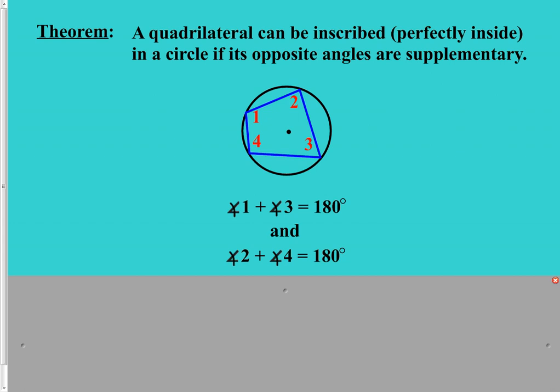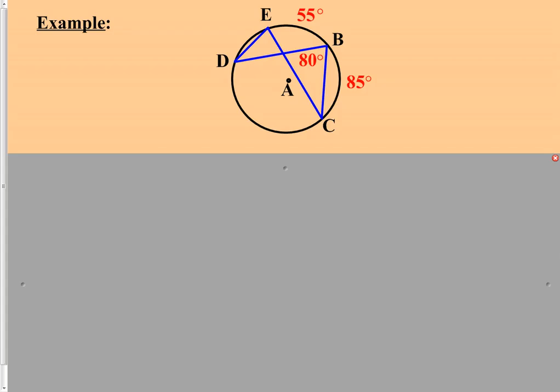Okay, so it's saying that when a quadrilateral fits perfectly inside a circle, and all of its angles are inscribed angles inside of the circle, then a condition that's going to apply is that the opposite sets of angles will be supplementary, as is stated on the screen in front of you. Again, that one's not so much common sense, but when we come to class, I'll show you how this one works.